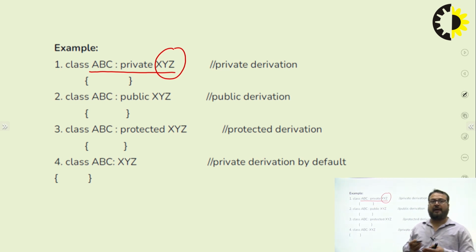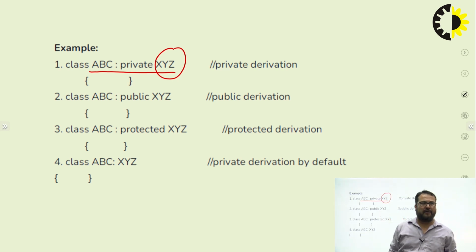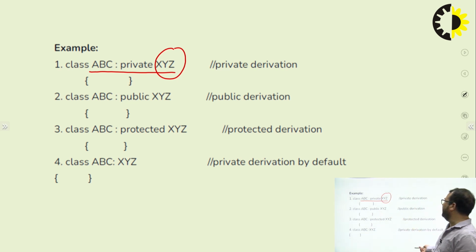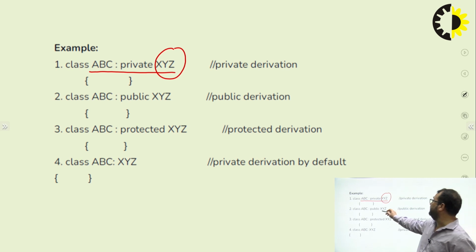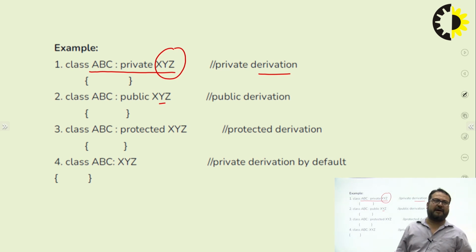So here we could write the function for that, and the rest of the things which belong to XYZ could simply be inherited. These are the syntaxes: class ABC colon public XYZ, protected XYZ and so on. This is called private derivation, public derivation, protected derivation, depending on the access specifier.